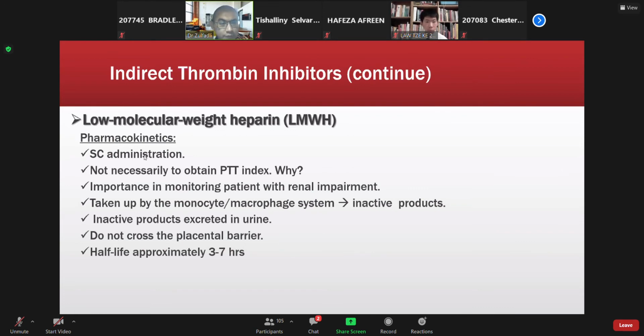So it's given subcutaneously. It is not necessary to obtain the PTT index. PTT index, you already learned in the PBL.